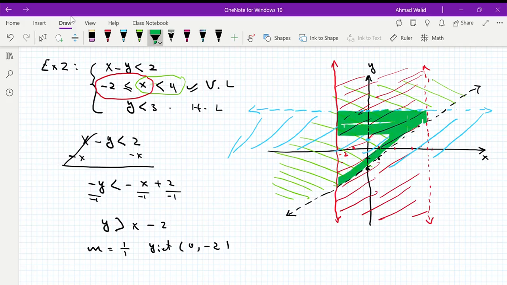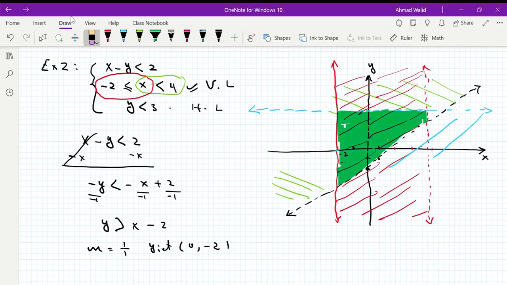That is the solution for this system. The rest you can erase, or you can leave it like that because you made the other one darker. If you want to make your graph beautiful, erase the rest. You don't need it.